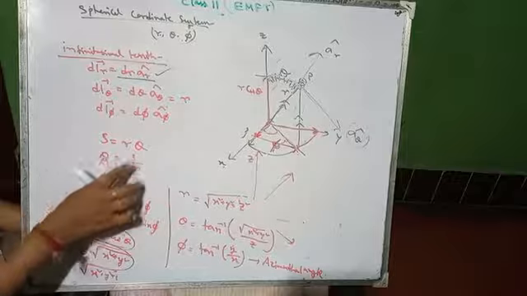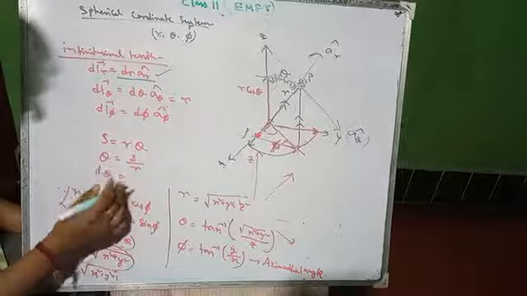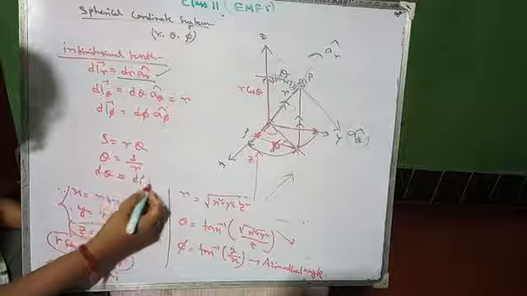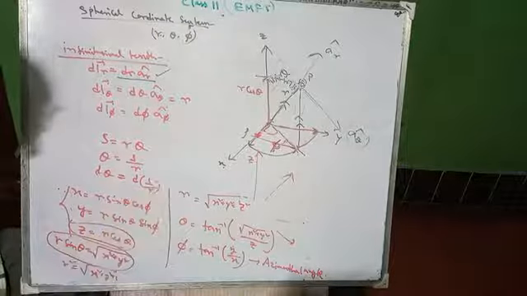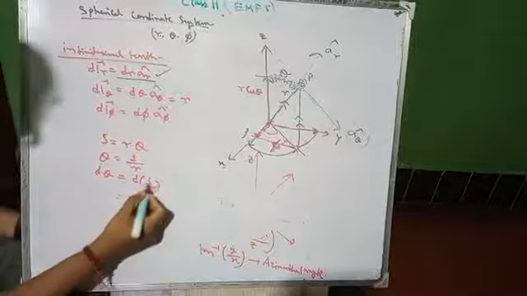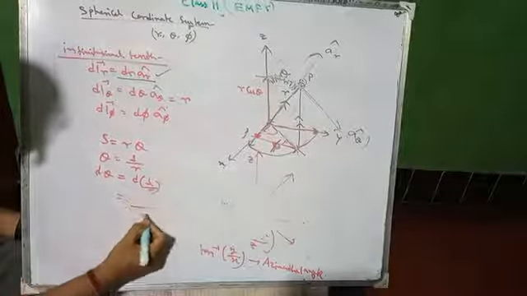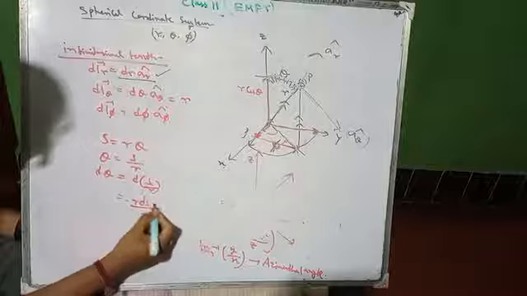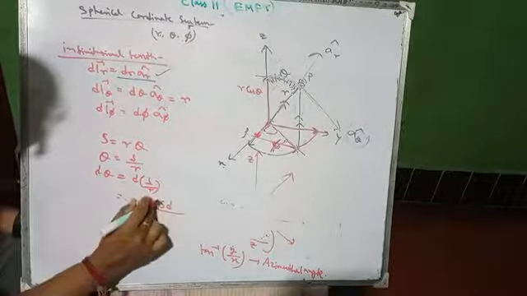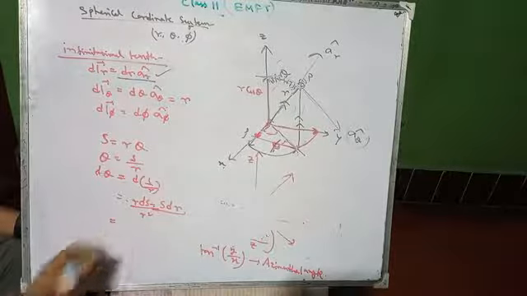So theta equals s by r. So d theta equals the derivative of s by r. So the derivative of s by r, with r square in the denominator, is r into ds minus s into dr.